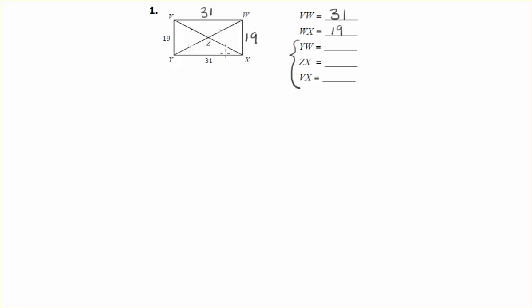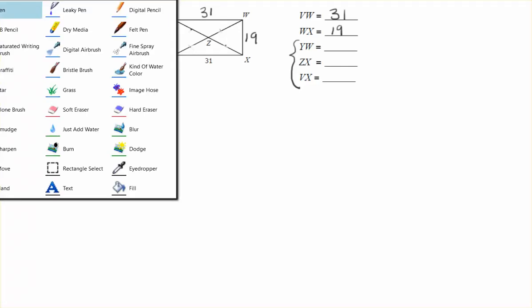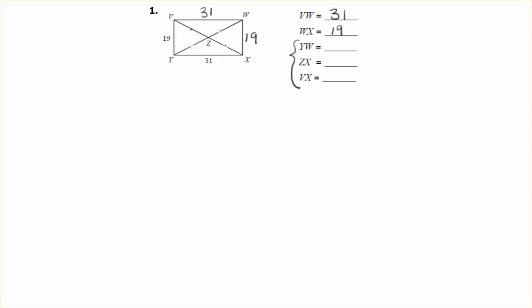Then the hard part is figuring out these other 3 lengths. Those 3 deal with our diagonal. I'll just use a color, I'll use this green.